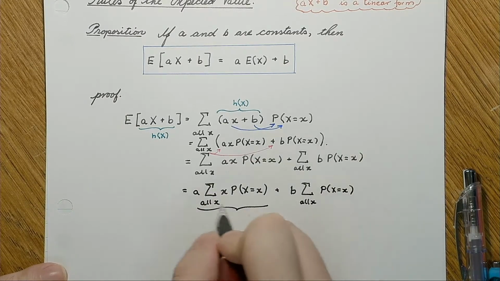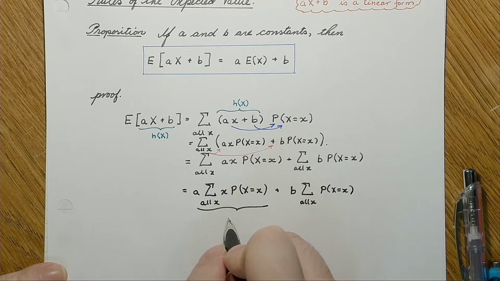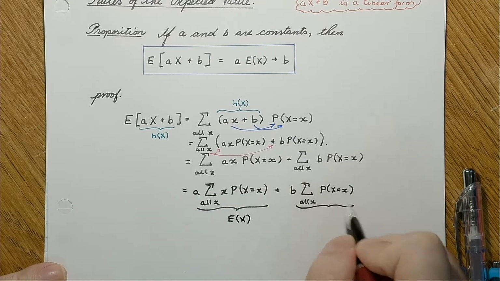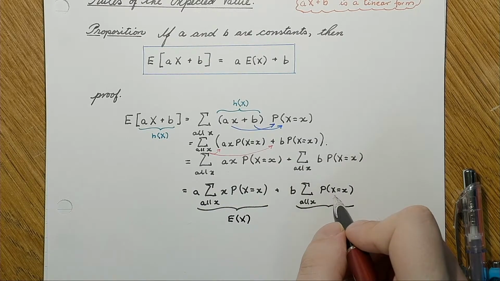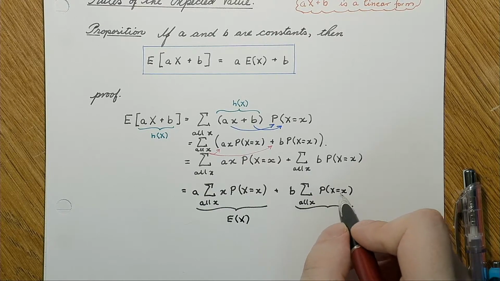So what I'm left with here is the summation of x times its probability. So we know that that's the expected value. And over here, we have the summation over all the probabilities. And again, we know that the summation of all the probabilities should give 1.